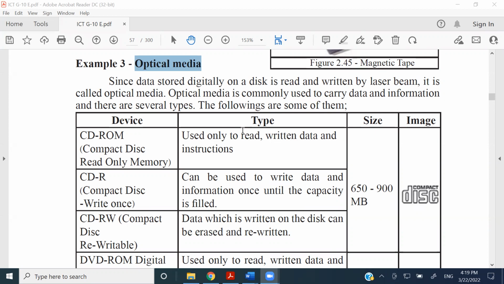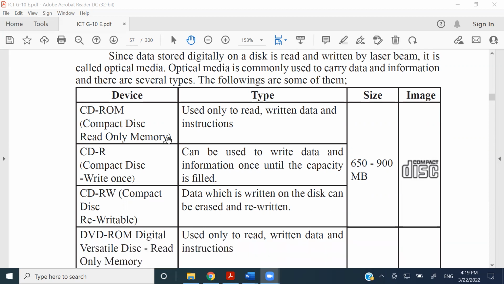We can't write it again and again. The CD-RW is CD rewritable, an optical media where we can erase the data on the CD and rewrite some of the contents. All right, so that is how these 3 types have been developed.